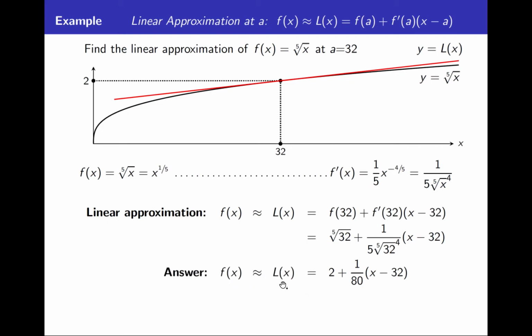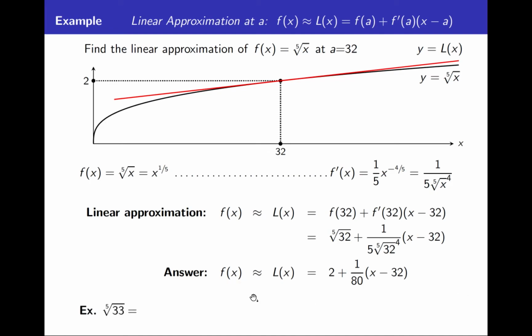F of x is approximately equal to this linear function. And there we have it. You can plug in values of x that are close to 32, and you can quickly compute an approximation to a function value, f of x.